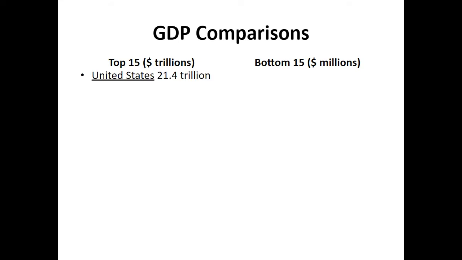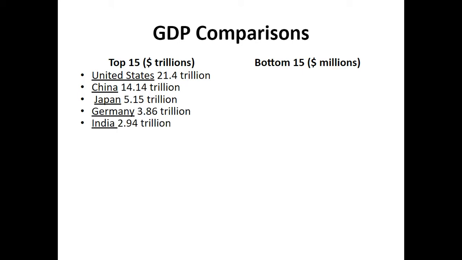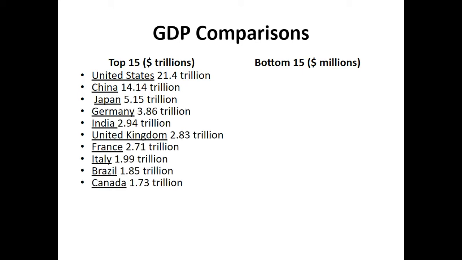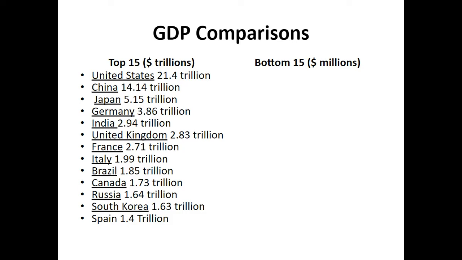All right, let's look at the top 15 and bottom 15 countries in the world in comparison of GDP. The top 15 economies in the world are the United States, followed by China, Japan, Germany, India, United Kingdom, France, Italy, Brazil, Canada, Russia, South Korea, Spain, Australia, and Mexico.